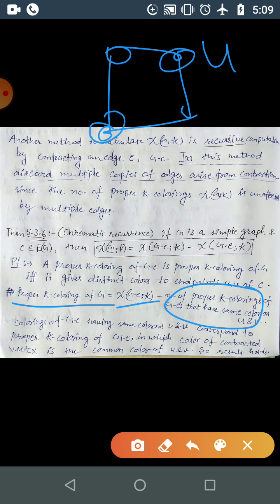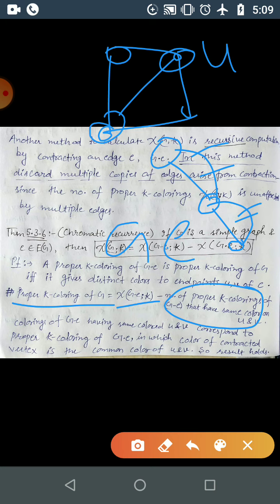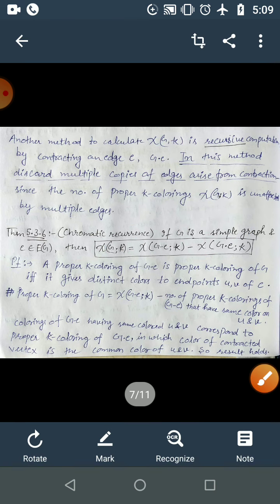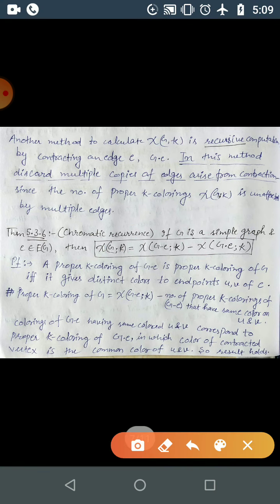If you contract E, then you will get G dot E, and discarding multiple edges, you will get the chromatic polynomial. Okay, so here I have just explained.